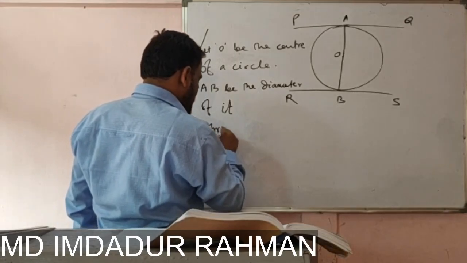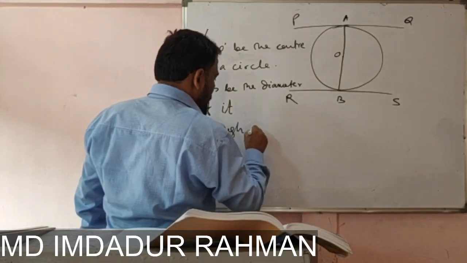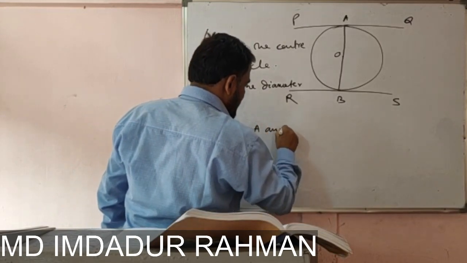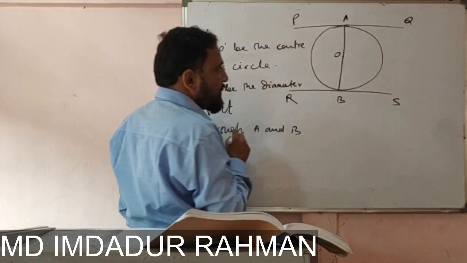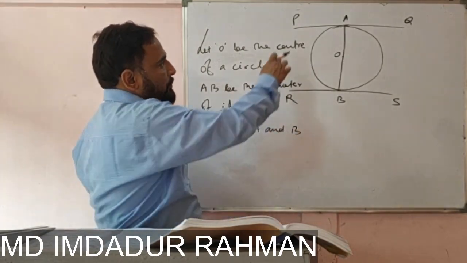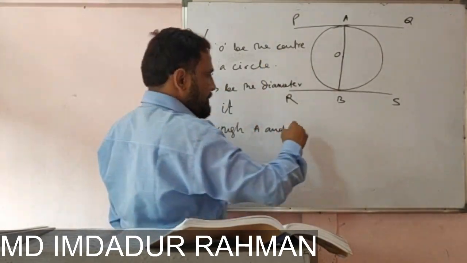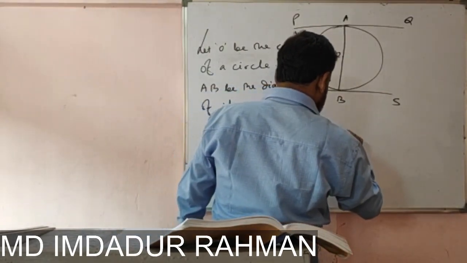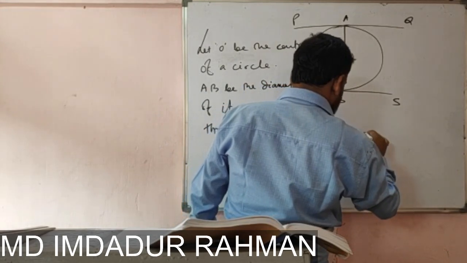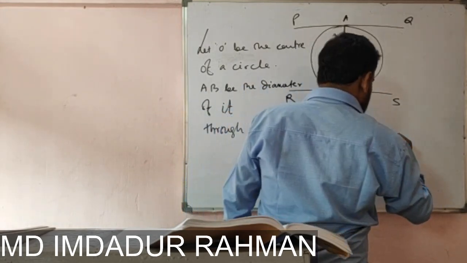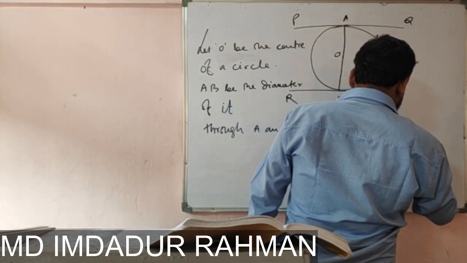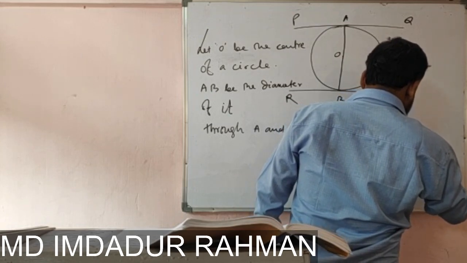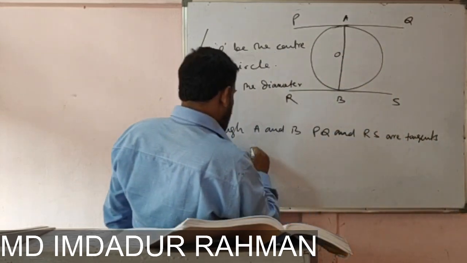Through A and B, PQ and RS are the tangents drawn.